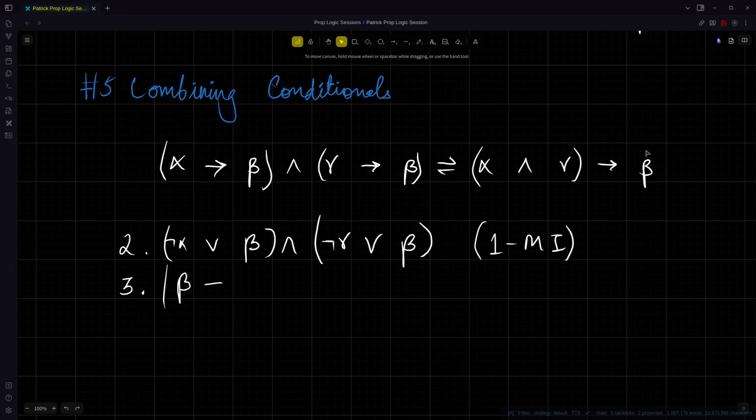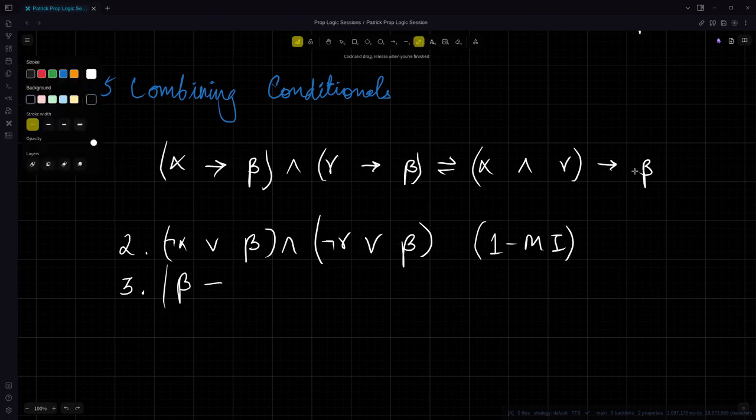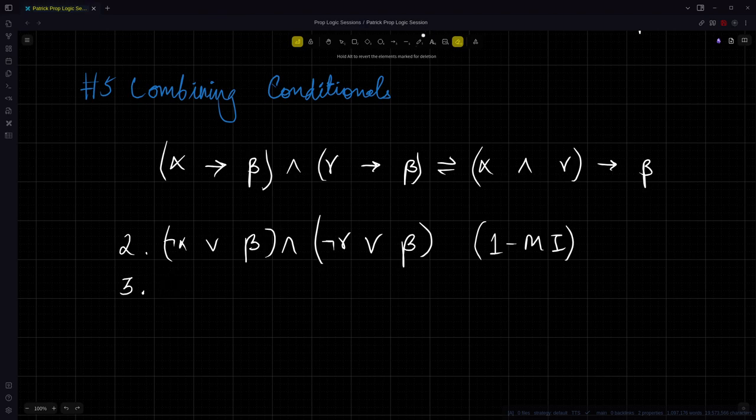Because you want beta to be in the antecedent, right? So in the consequent, right? Oh yeah, we want it in the consequent.